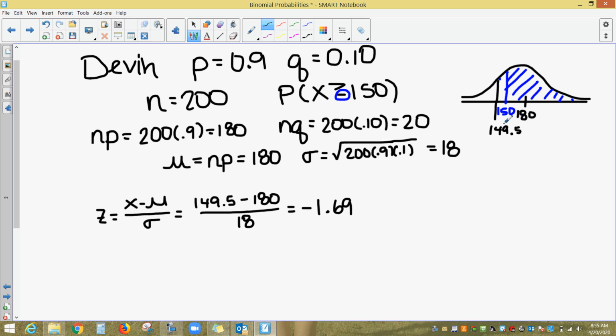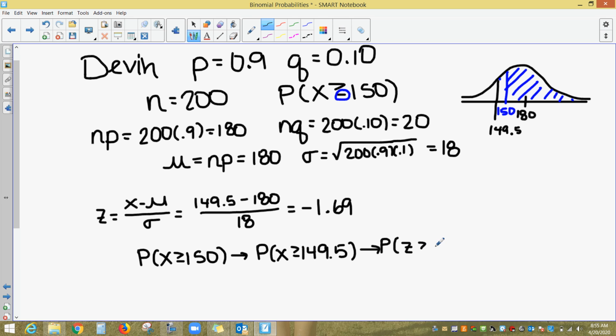To the left of 180 means I'm going to have a negative z-score. If I want the probability that Devin makes 150 or more free throws, when I correct for continuity, I'm looking at the area to the right of 149.5, which means the area to the right of z equals negative 1.69.